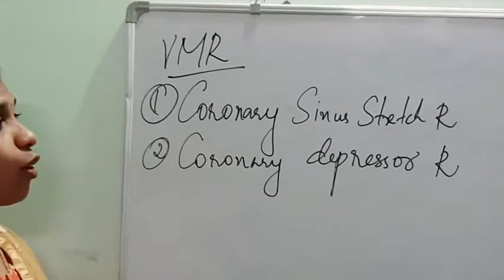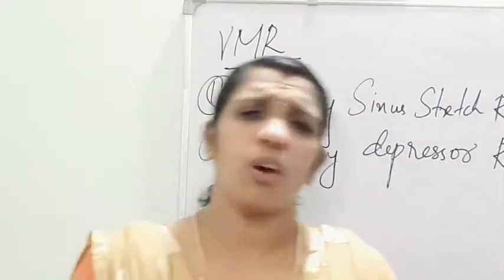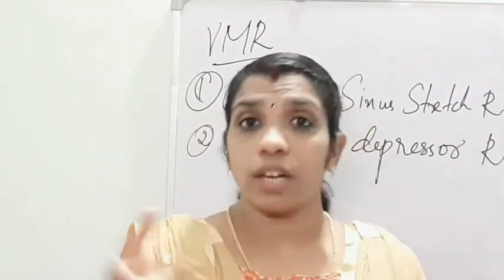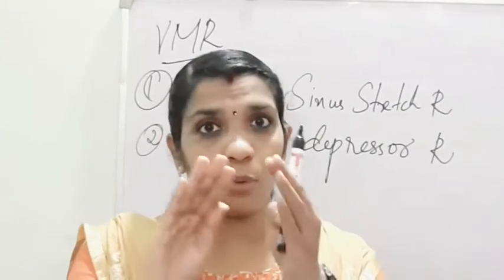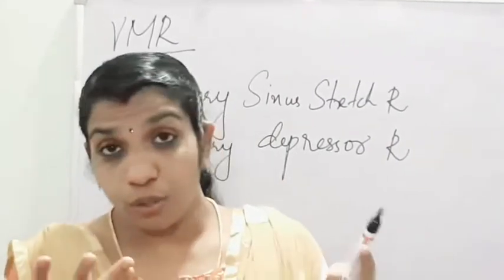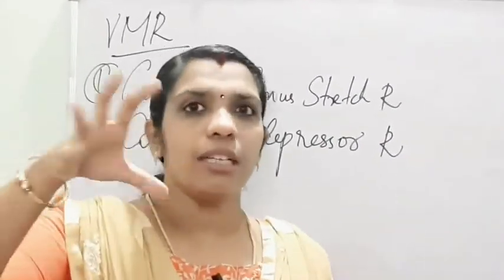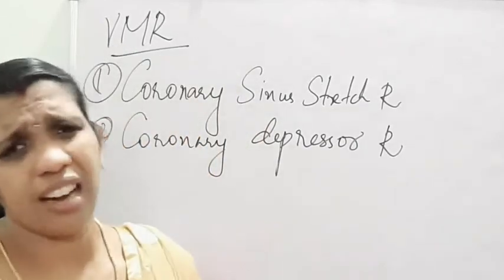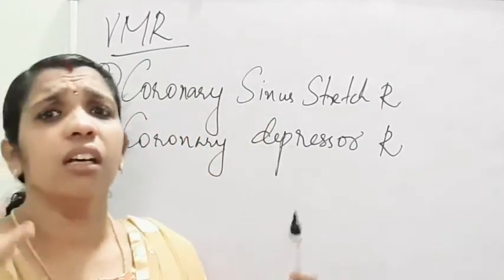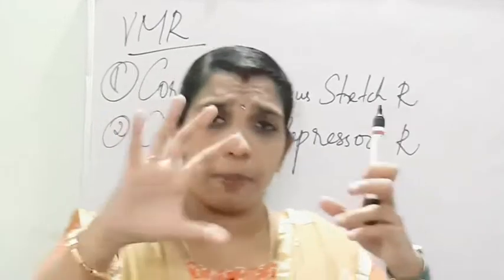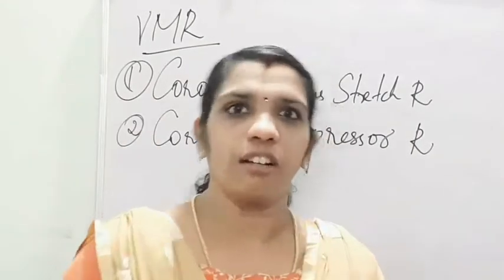So what is the coronary sinus stretch reflex? What is the coronary sinus? The coronary sinus is a group of venules which join to form a larger vein. So it is in the heart, is it not? The veins supplying the heart will be draining to the coronary sinus.